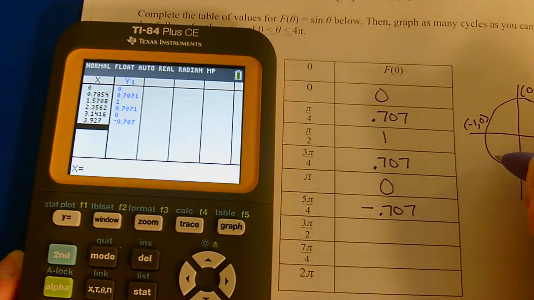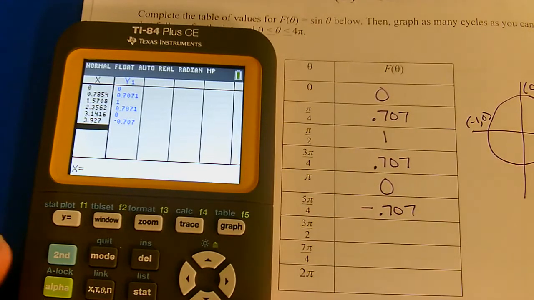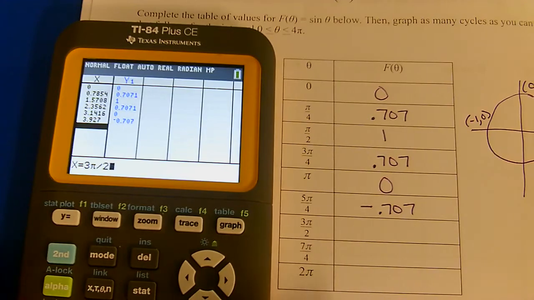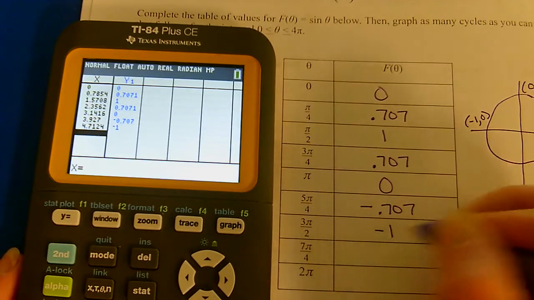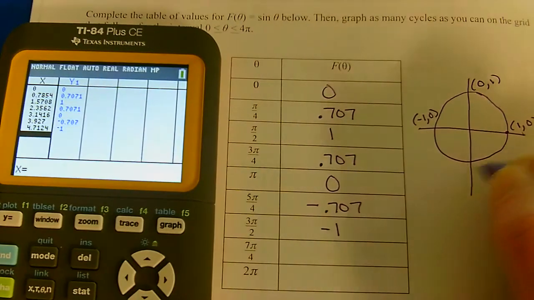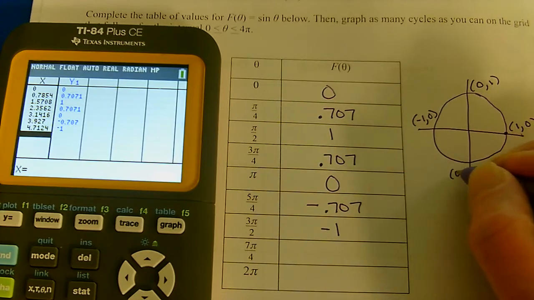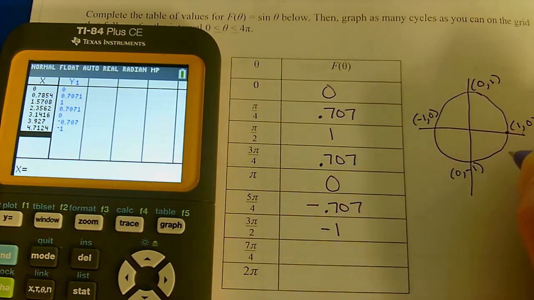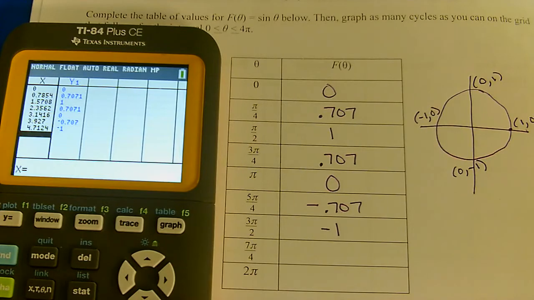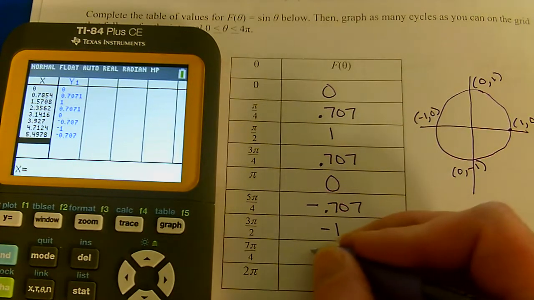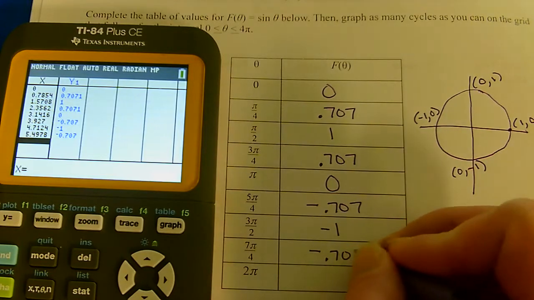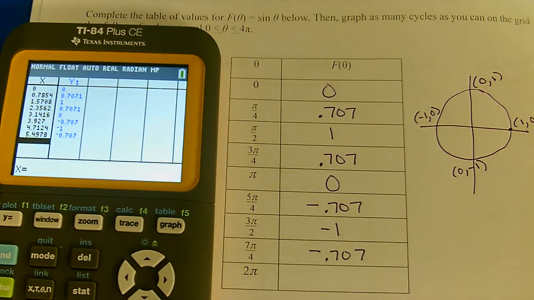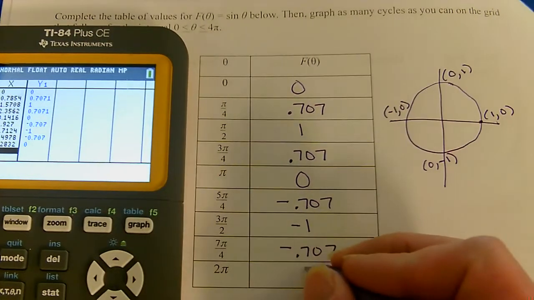So on this side, the y values are negative. 3 pi over 2 is -1 because at this point right here, it's 0, -1. And then when I type in 7 pi over 4, I get negative 0.707. And then when I get back to 2 pi, I'm back to 0.